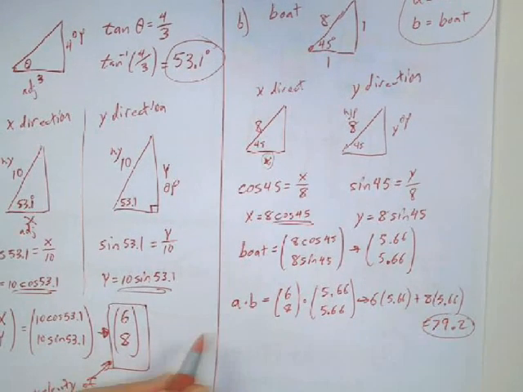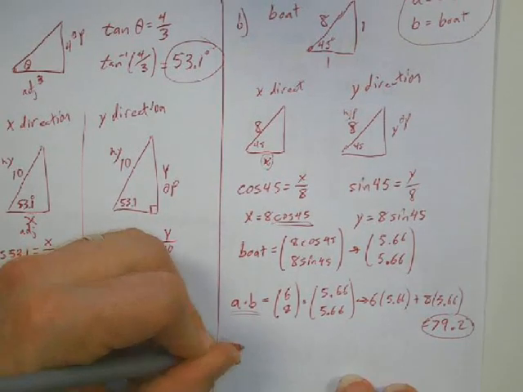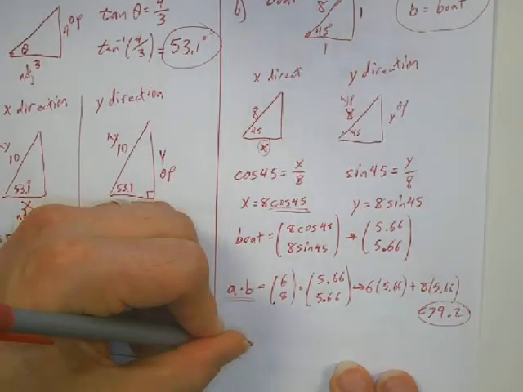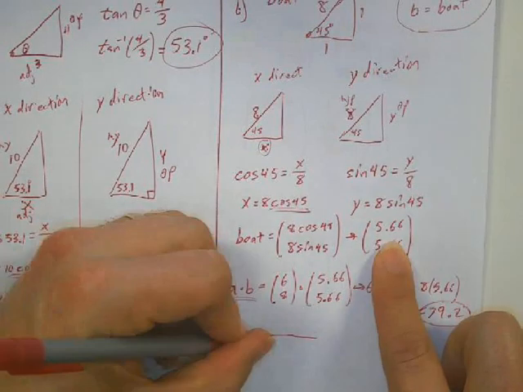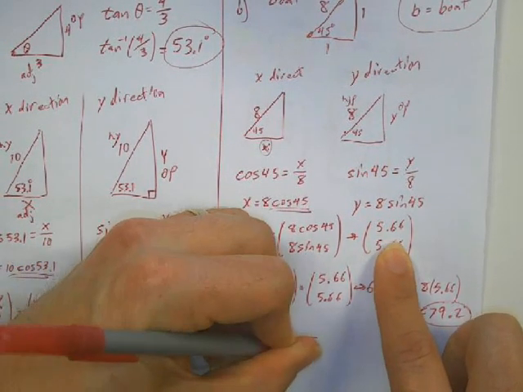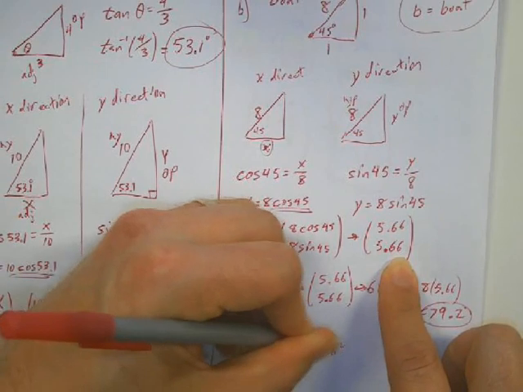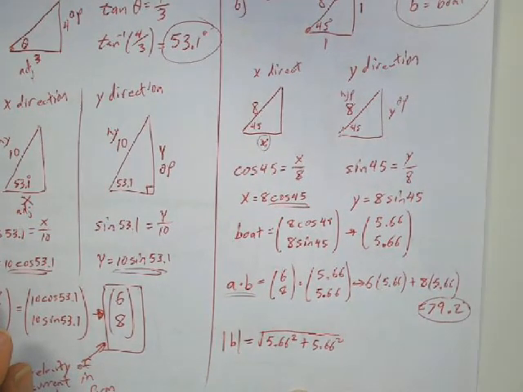That's my dot product. Now the magnitude of B is equal to the square root of 5.66 squared plus 5.66 squared.